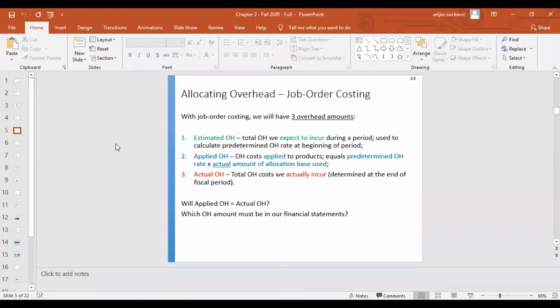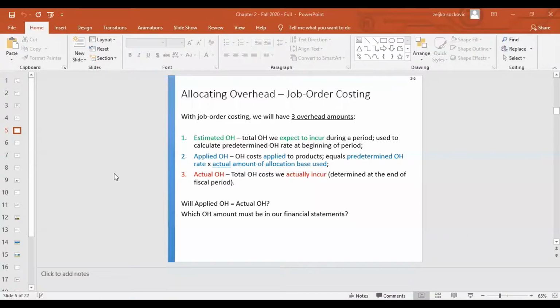Well, $10 for direct materials, $5 for direct labor, and how much for overhead? Well, let's say $7. How did we get these $7? We cannot just use estimates, that would be just a kind of prediction. But we cannot use actual because we don't know it. That's the bottom line. We don't know the actual because actual will be known only at the very end.